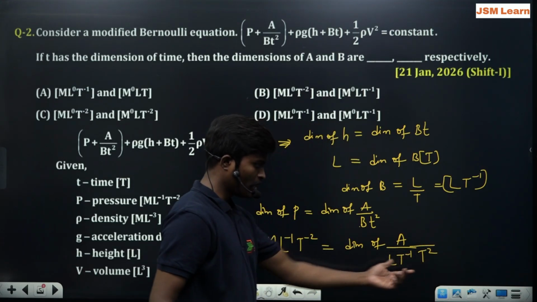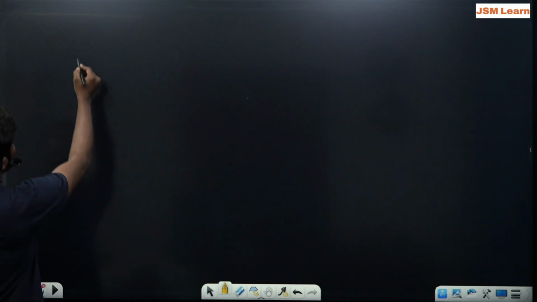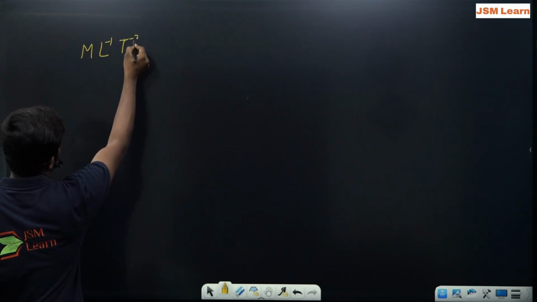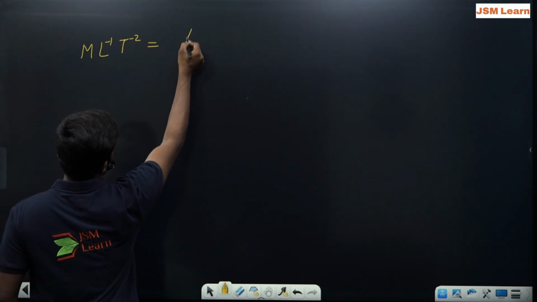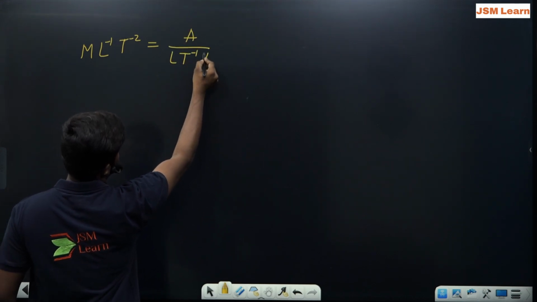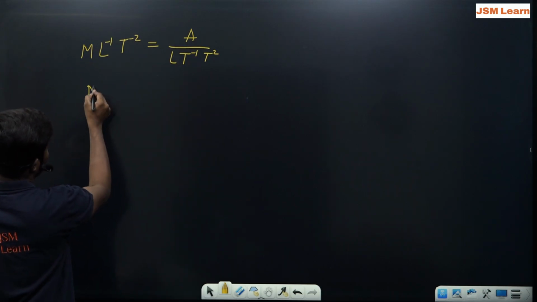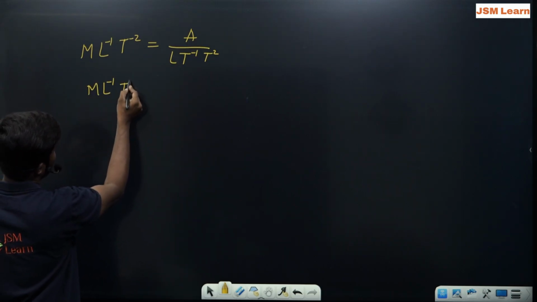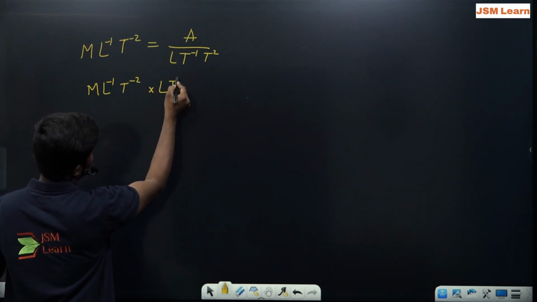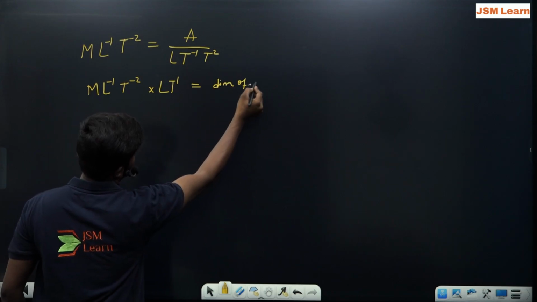If this denominator comes to this side, we have ML minus 1 T minus 2 is equal to a by LT minus 1 t square. So the dimension of a is ML minus 1 T minus 2 into LT minus 1, which is equal to the dimension of a.